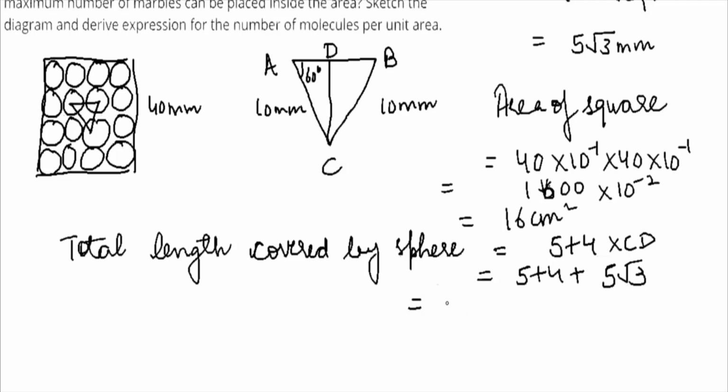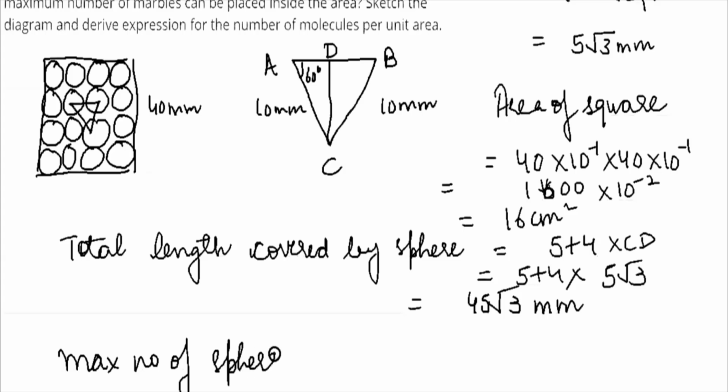So the value will come out to be 9 plus 5 root 3. This sign is multiplication. So 5 plus 4 into 5 root 3, which is 9 into 5, 45 root 3, and this value will come out to be this much millimeters.